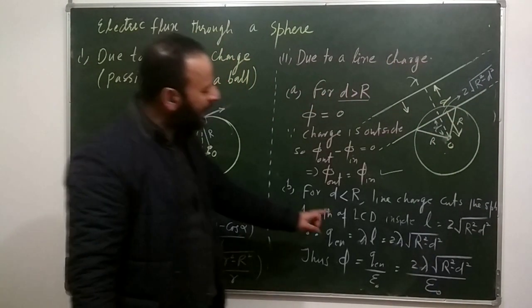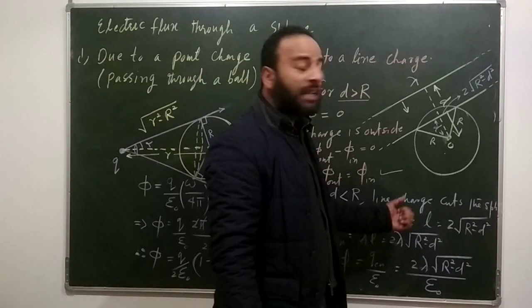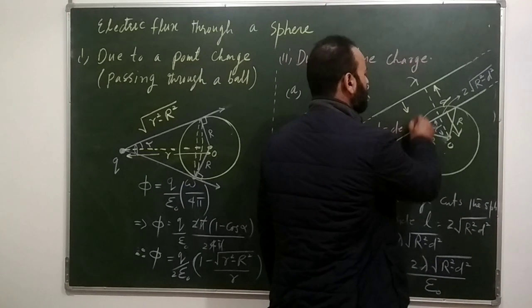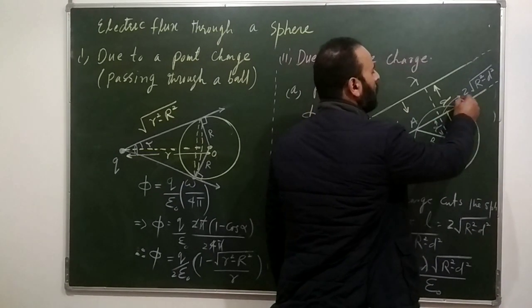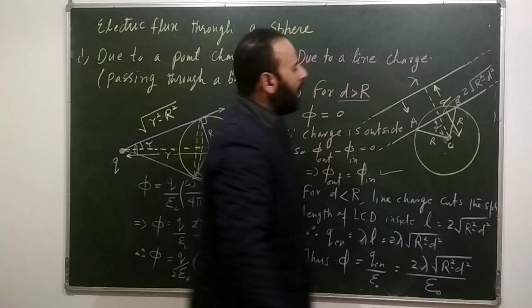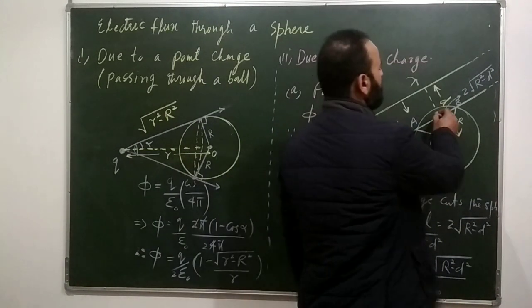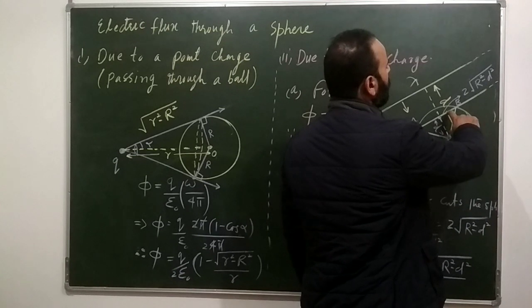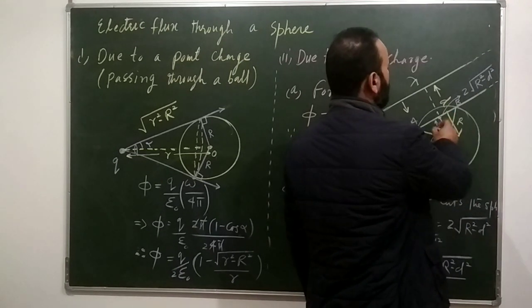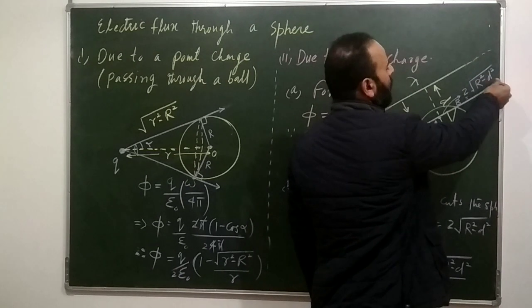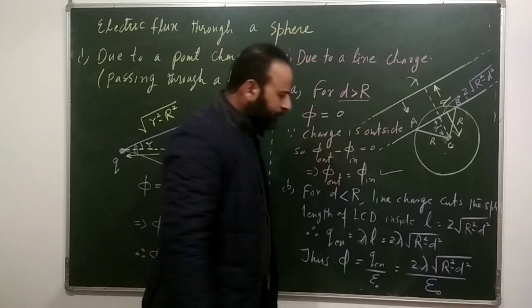Then what is the length of the linear charge distribution inside the sphere? That is this much. I can name this AB, and since this is r and this is d, this much distance will be the square root of r squared minus d squared. So AB is equal to 2 times the square root of r squared minus d squared.